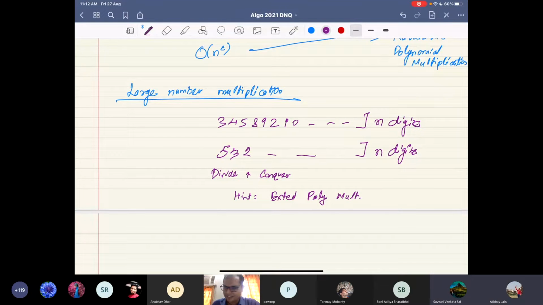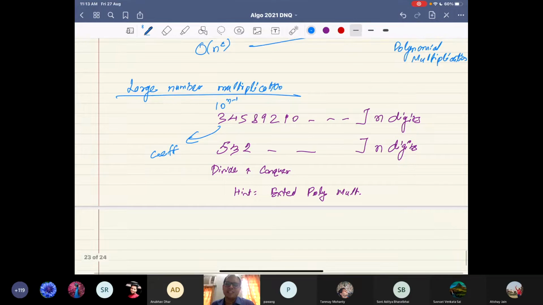Each digit is a coefficient. Think of these as the coefficients. And this is the coefficient for the largest degree, 10 to the power n minus 1, right? 3 times 10 to the n minus 1 plus 4 times 10 to the n minus 2 up to this number. And this is just a direct mapping between this problem and polynomial multiplication. So large number multiplication you can do in a very similar manner like we did here.